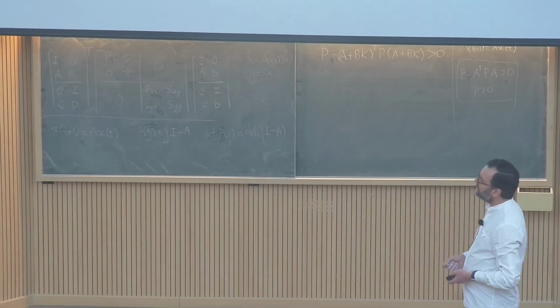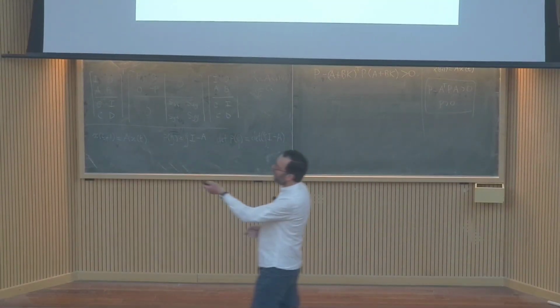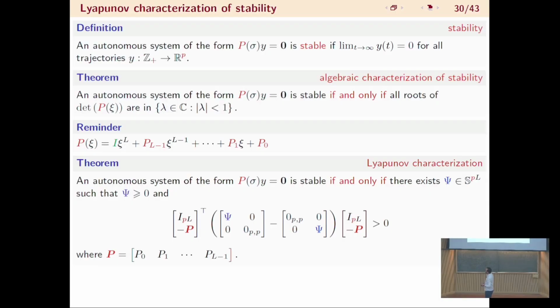So this is the P matrix. Such an autonomous system is stable if and only if there exists a psi greater than or equal to 0 with this dimension, P times capital L, which satisfies this matrix inequality, where bold P is this matrix, which collects the P matrices.